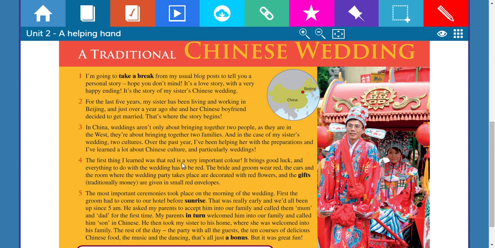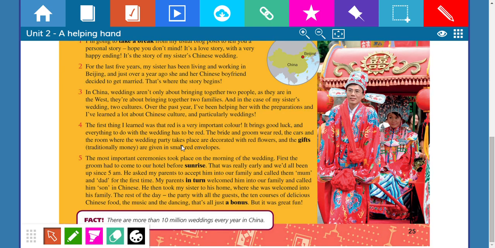It brings good luck, and everything to do with the wedding has to be red. The bride and groom wear red. The cars and the room where the wedding party takes place are decorated with red flowers, and the gifts, traditionally money, are given in small red envelopes. The most important ceremonies took place on the morning of the wedding.